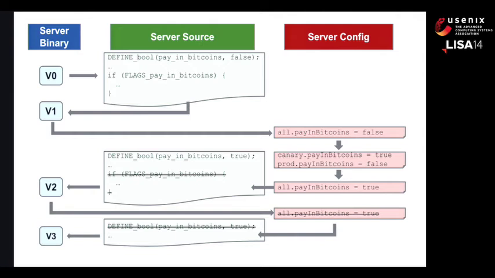So when you don't need a flag, then go ahead and simply change its definition to be true, get rid of all the guards, roll out another binary. When that binary is rolled out a little bit later, turn on the flag in the config file and roll it out again. And finally, get rid of the flag definition because it's not being used in any of the config files anymore.